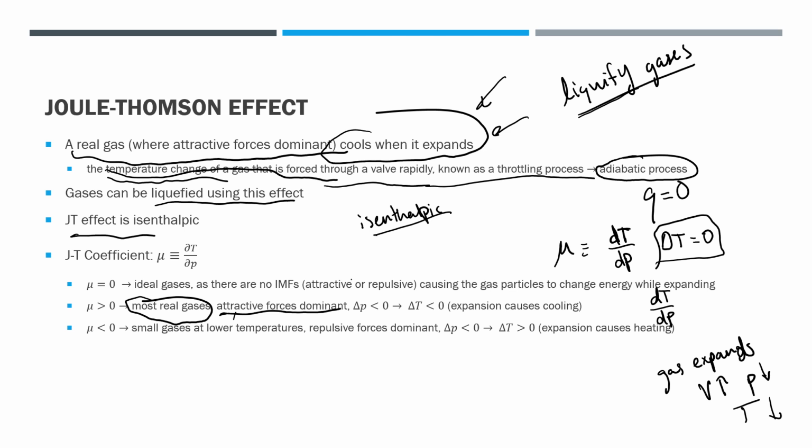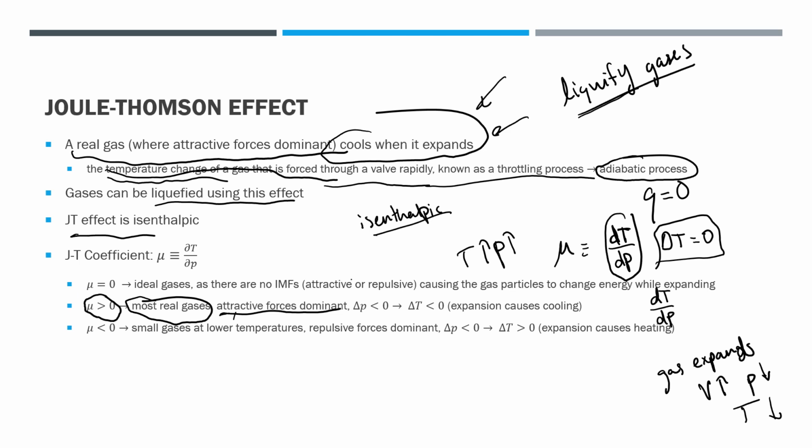Pressure goes down, temperature goes down. That means temperature and pressure have a direct relationship, right? Pressure goes up, temperature goes up; pressure goes down, temperature goes down. Which means that dT dP, how temperature is changing with pressure, is going to be greater than 0.